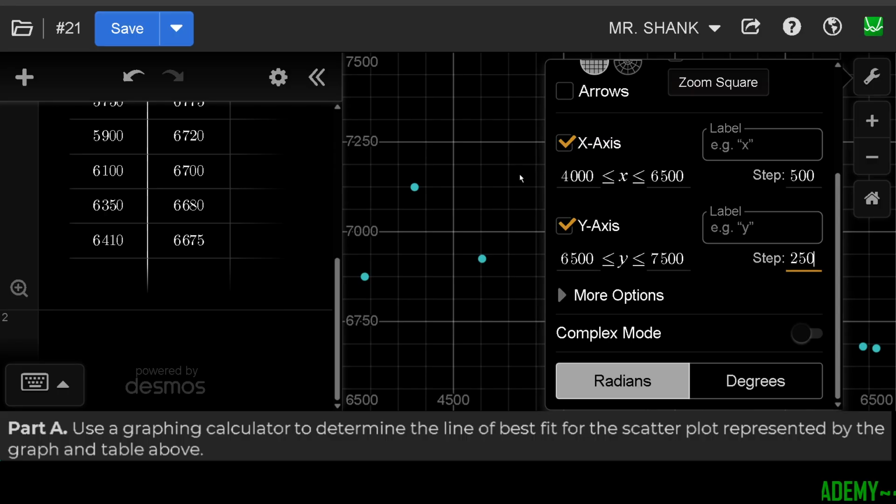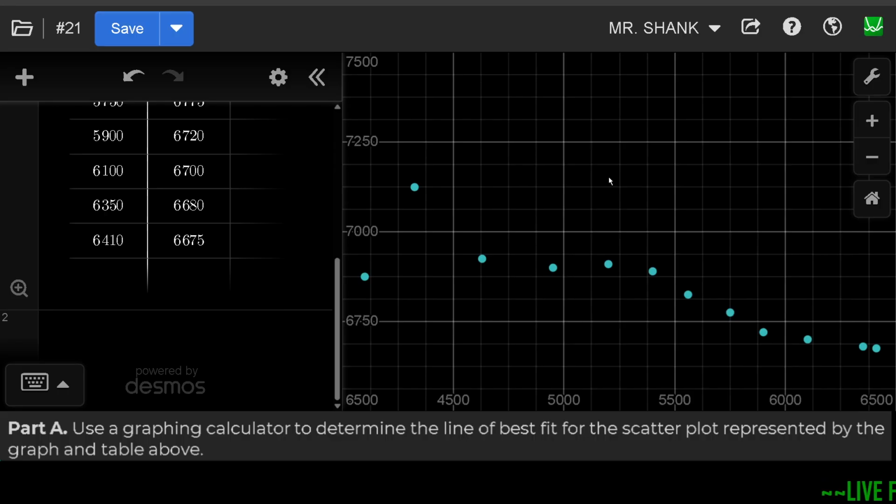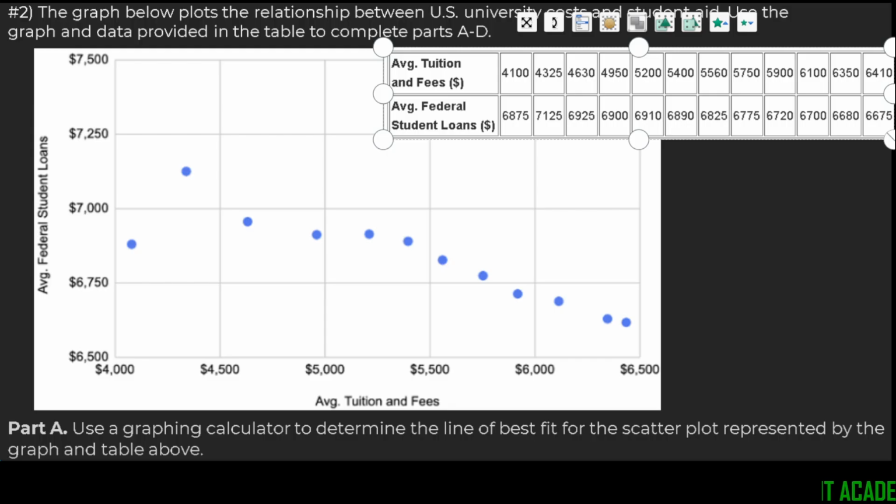I'm getting these values from the actual question on the page. Again, if you look at your window or your picture, I'm getting those values. So the x-axis is counted by 500s, the y-axis counting by 250, and I can do that as well. I can also put the labels in there, but it's not that important.